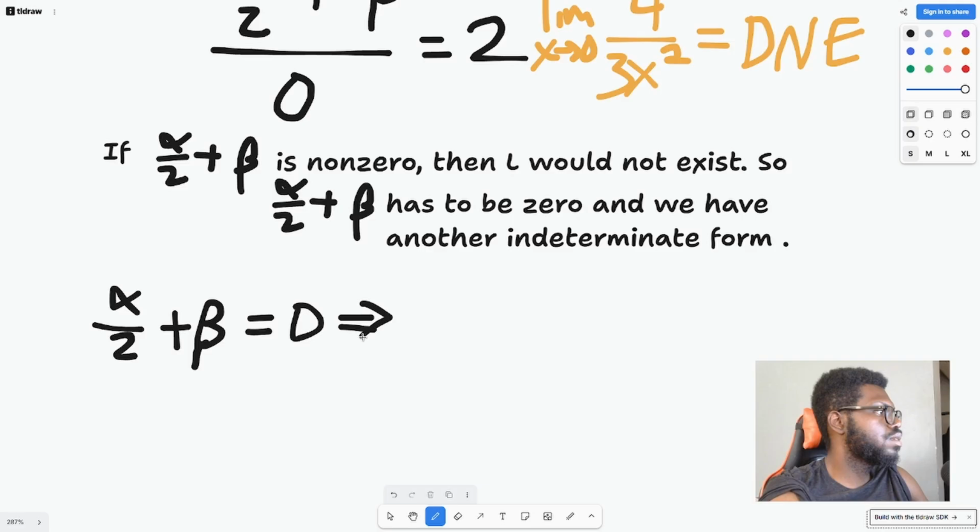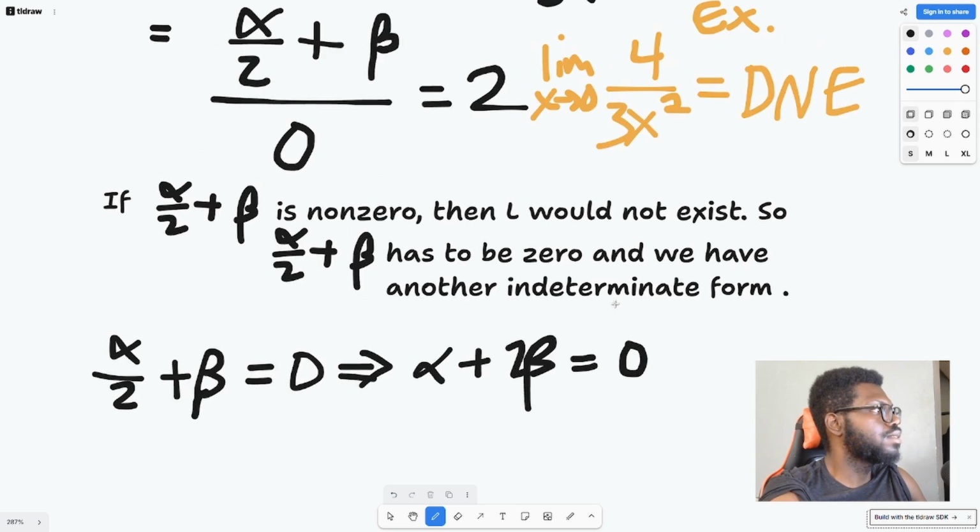In other words, that means that alpha plus 2 beta is equal to 0. Now we have this relation in terms of alpha and beta that will be useful for the rest of the problem.